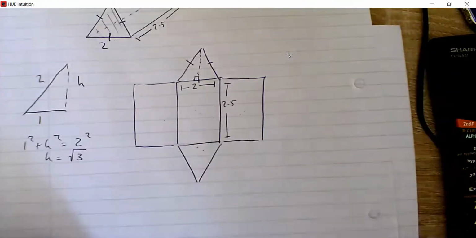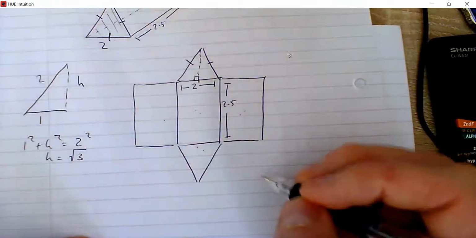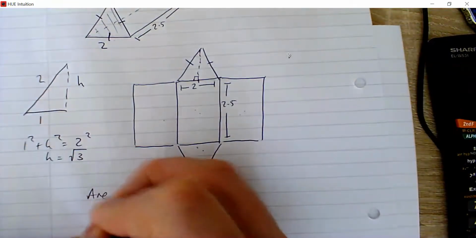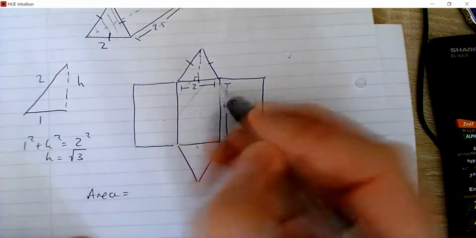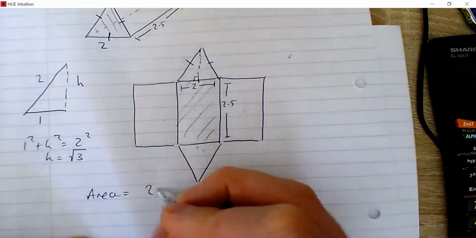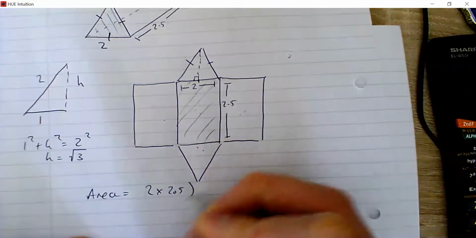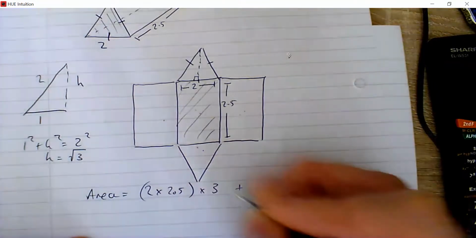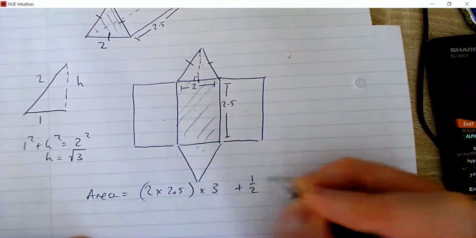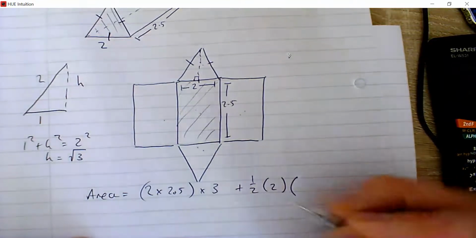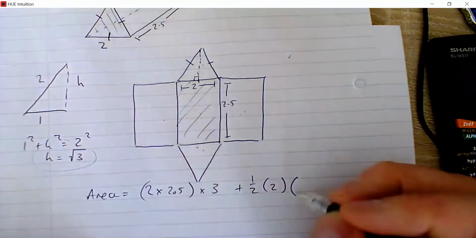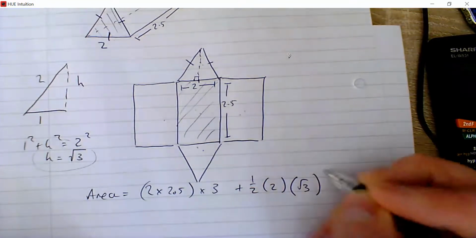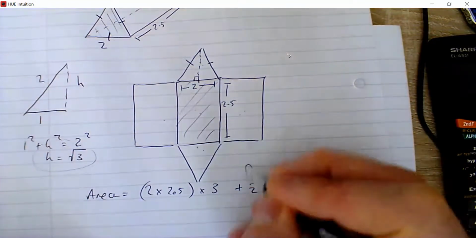So find the area of the shape. I'll do it here. Area equals, one rectangle is 2 times 2.5. In this case, all three rectangles are the same, so I'm just going to multiply by 3, plus the triangle is half of the base times our perpendicular height we've just worked out, which is root 3, but that's multiplied by 2 because we have two triangles.